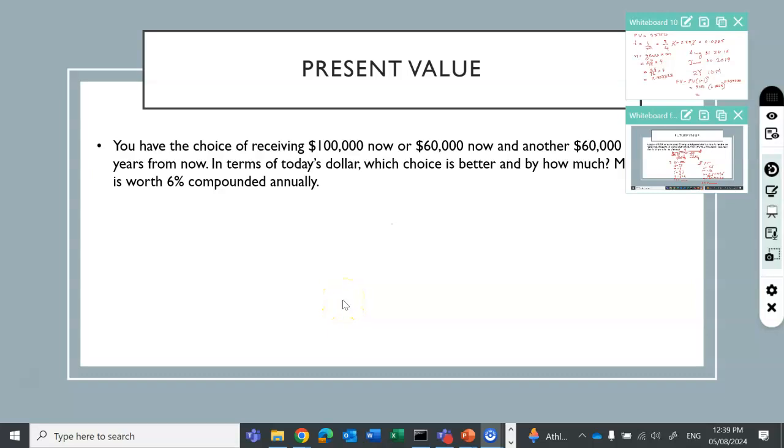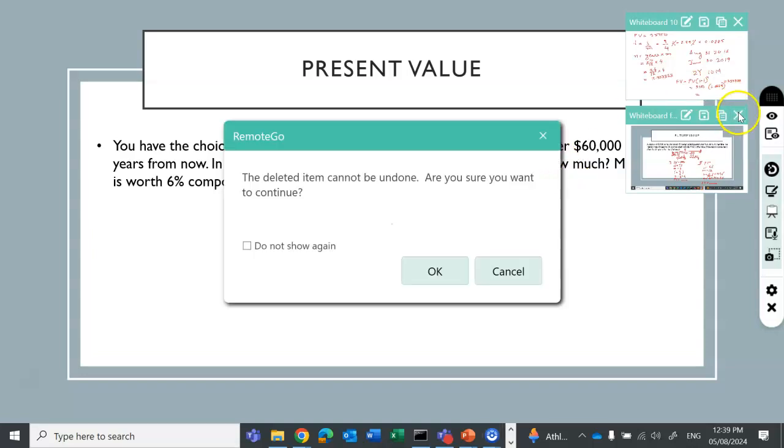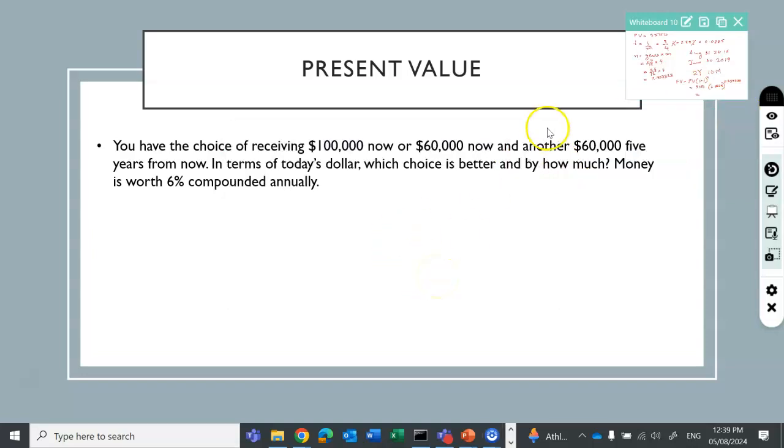So next, one application problem on present value. You have the choice of receiving $100,000 now, or $60,000 now and another $60,000 in 5 years from now. In terms of today's dollars, which choice is better and by how much? Money is worth 6% compounded annually. So you have been given two options.